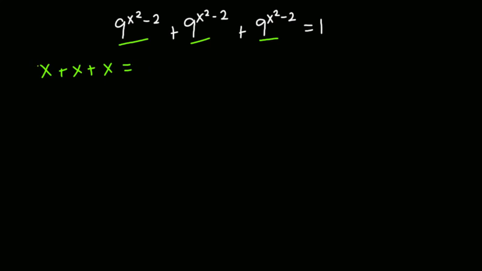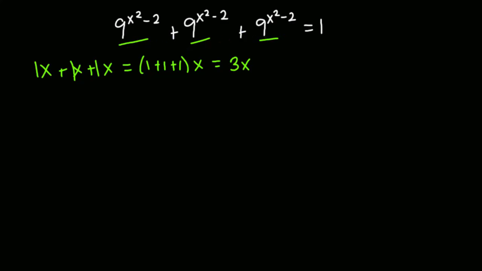So remember that the coefficient of x is 1. So from the law of algebra, this is the same as 1 plus 1 plus 1, then you multiply it with only one of the x's. So this becomes 3x.